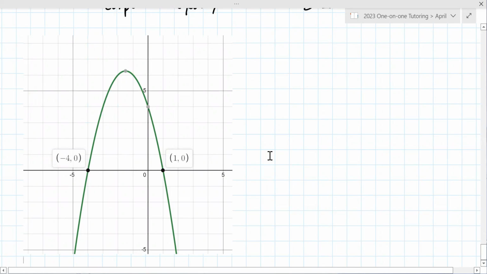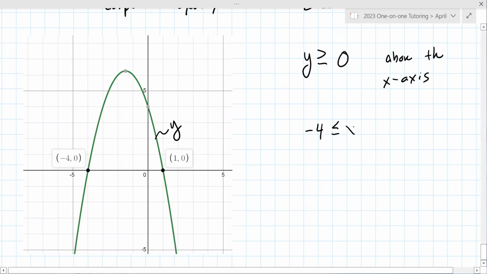And I want to know this time, we're going to call this y, where y is greater than or equal to 0, meaning above the x-axis. Between negative 4 and 1. Yes, very good.